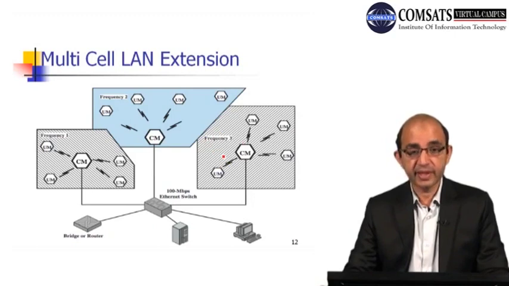So different cells are being operated at different frequencies, and this is the backbone, as I mentioned, that is actually connecting all those different cells and providing the services to those different cells.